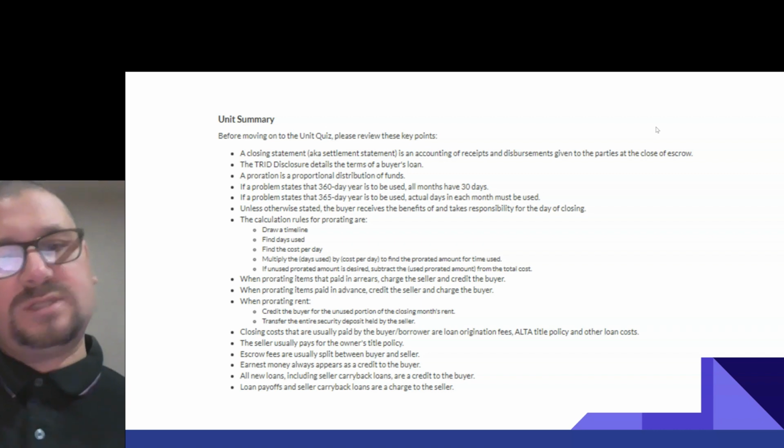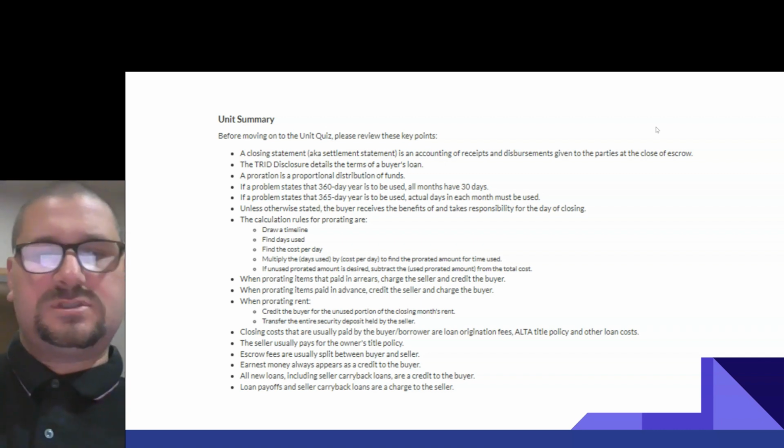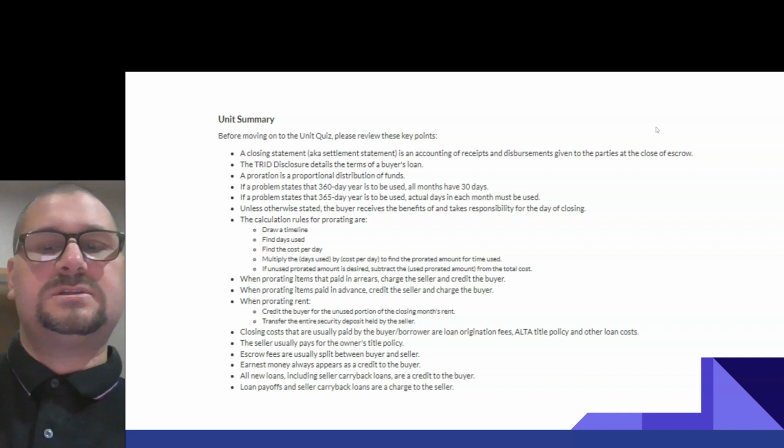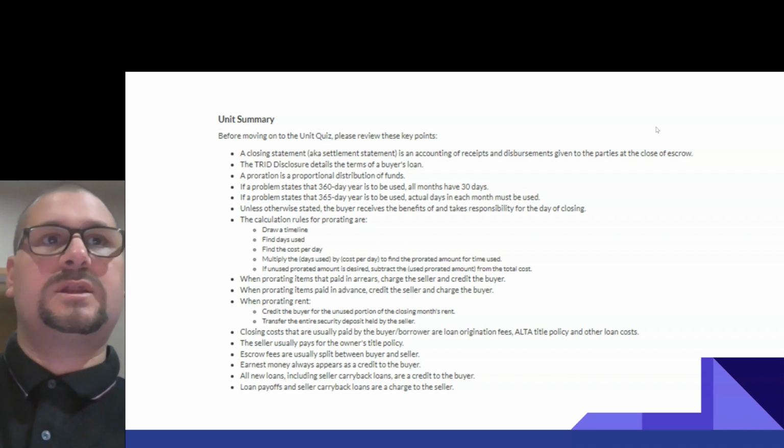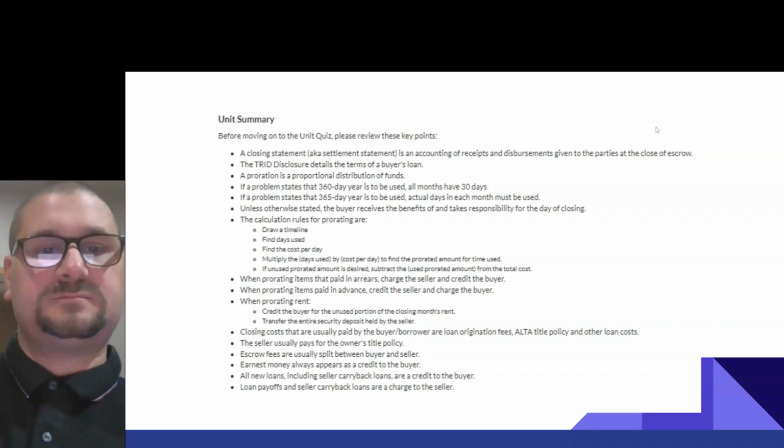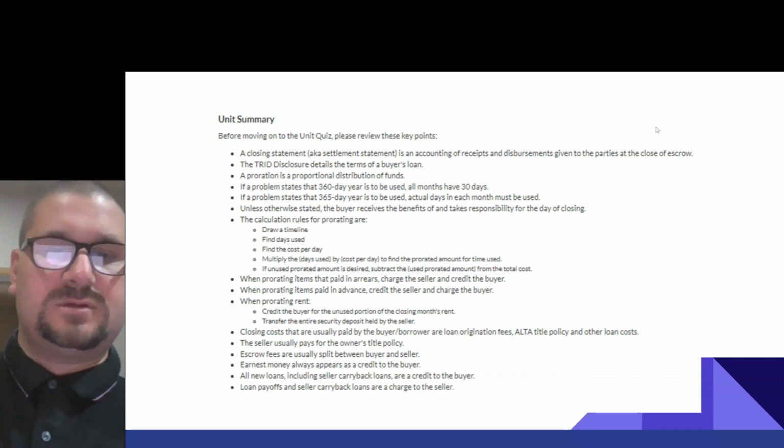All new loans, including seller carryback loans, are a credit to the buyer. Loan payoffs and seller carryback loans are a charge to the seller.